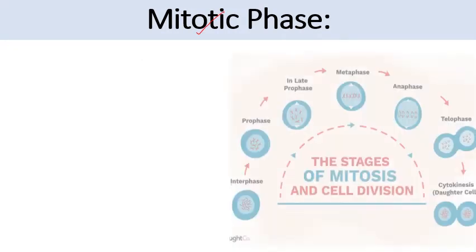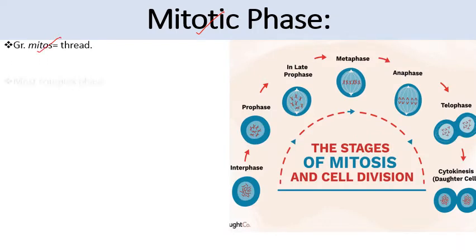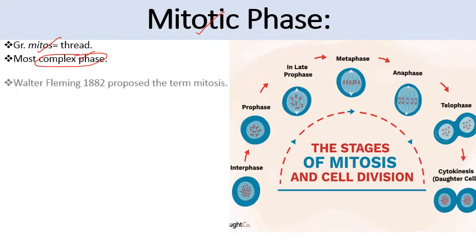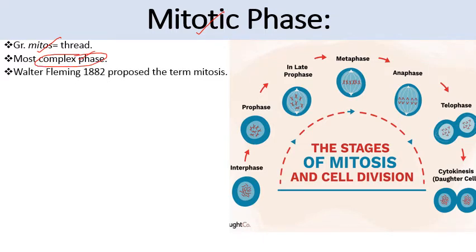Next comes the mitotic phase. This word mitosis is derived from the Greek word mitos, which means thread. It is the most complex phase. The term mitosis was coined by Walter Fleming in 1882.